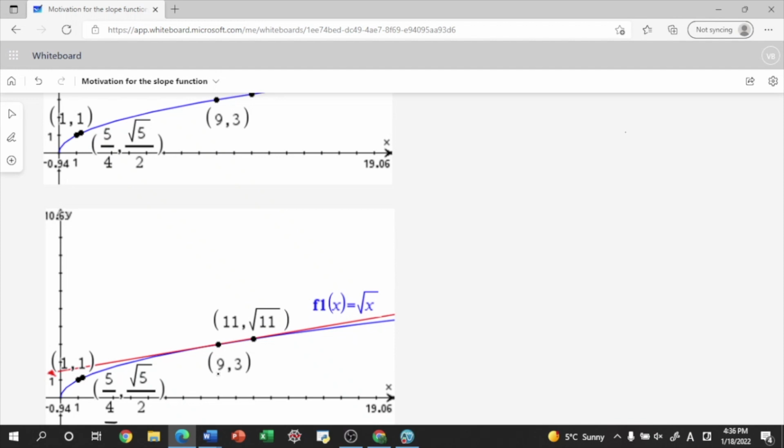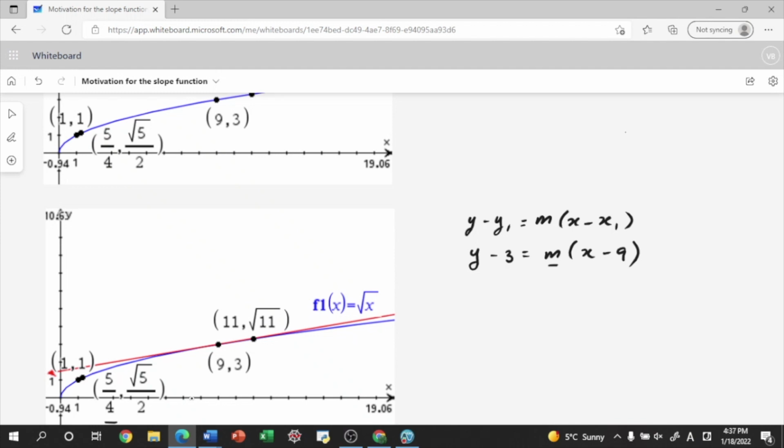We can use the point-slope form to construct the equation of this red tangent line to the curve at (9, 3). Let's do so together. y minus y1 is equal to m into x minus x1. Substituting our known values, we have y minus 3 is equal to m into x minus 9. And at this point, we're a little bit stuck because we don't actually know the value of m.